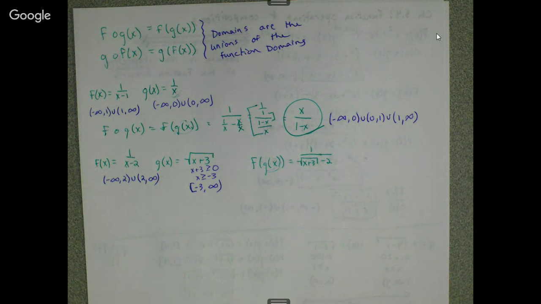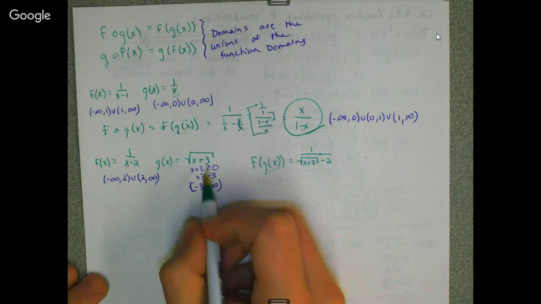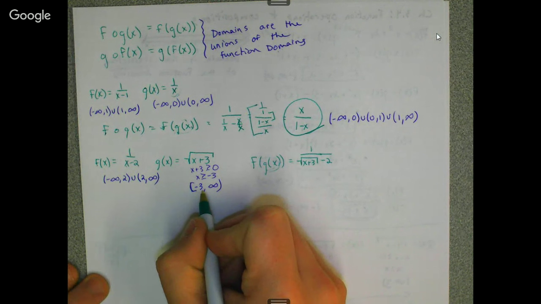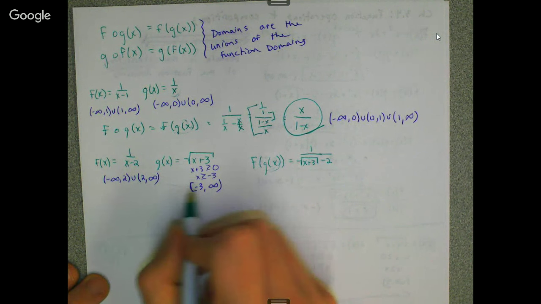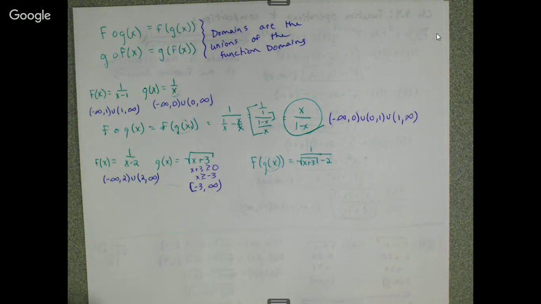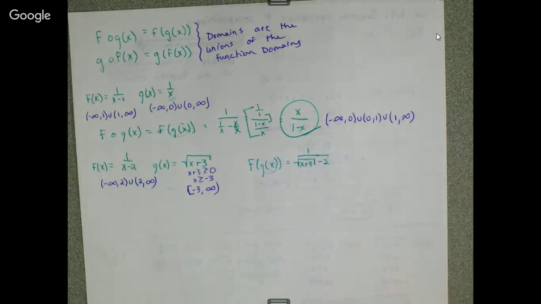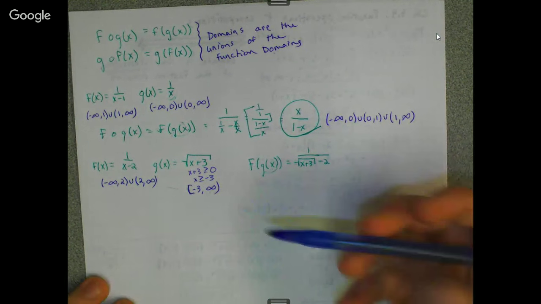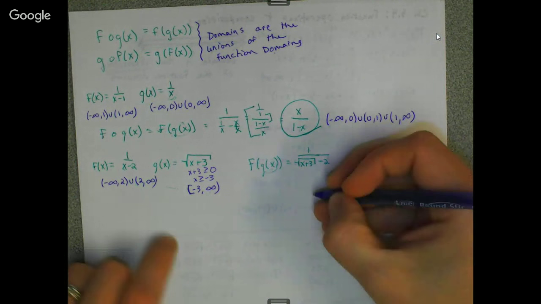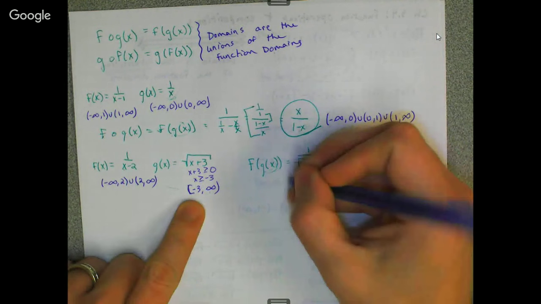So we've got the domain of each one of these. Now we need to figure out what they share. So we'll start with negative 3 to infinity.